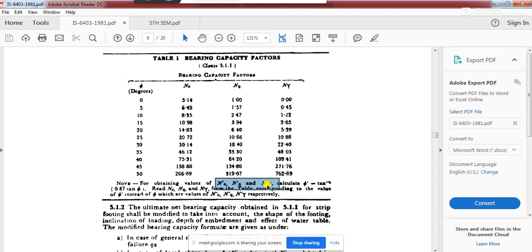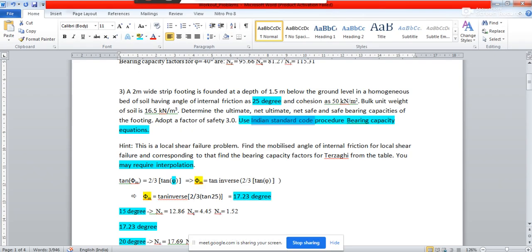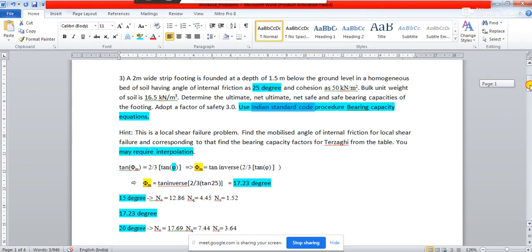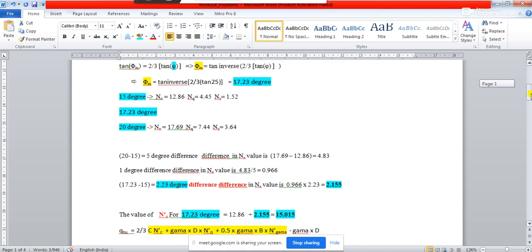Yes, sir. In interpolation we only find the difference. First, the difference. Sir, first we find the 5 degree difference, then 1 degree, and then 2 degree, and after that add on to get the 17.23 degree. Yes. For 15 degree you have some value, for 20 degree you have some value.